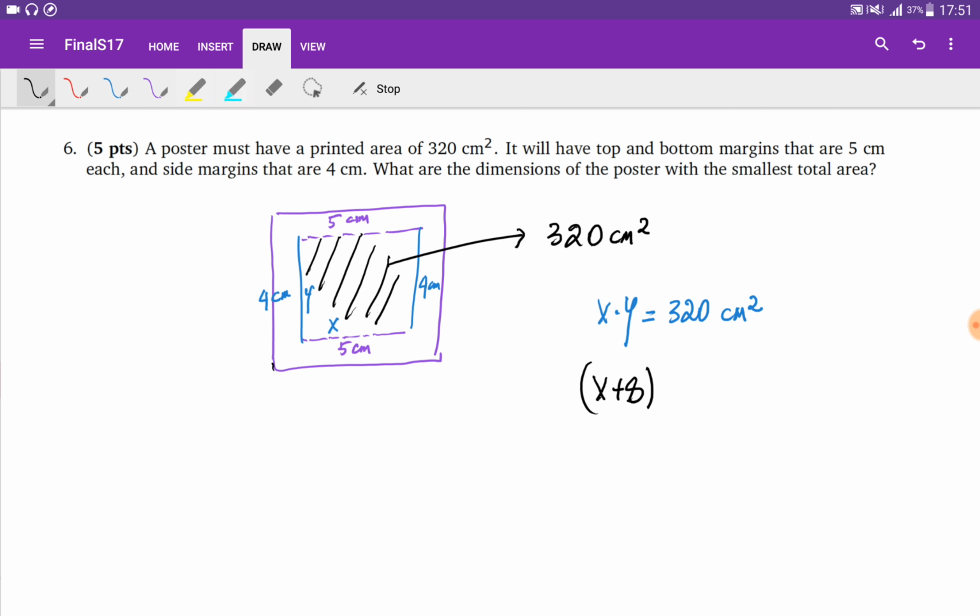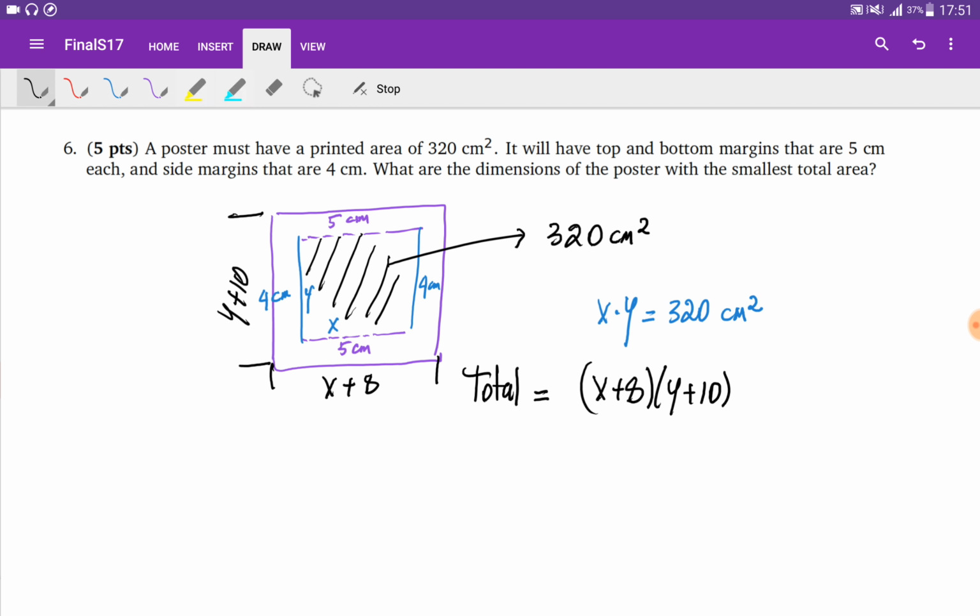The total width here is going to be x plus 8, and the total height of the poster is going to be y plus 10. So x plus 8 and y plus 10, that's the total area. So we need to minimize the total area.